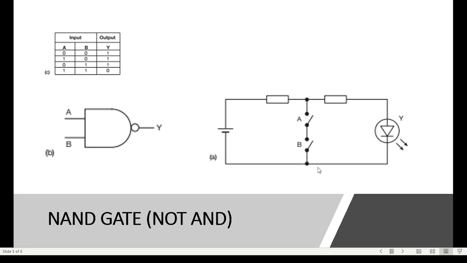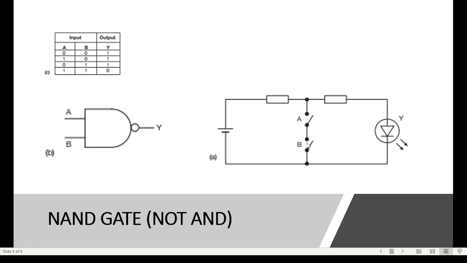Now but Y, the output, will still be on, because the current is moving along this direction. It is not accepting the cutoff in current or the short circuit. Good?